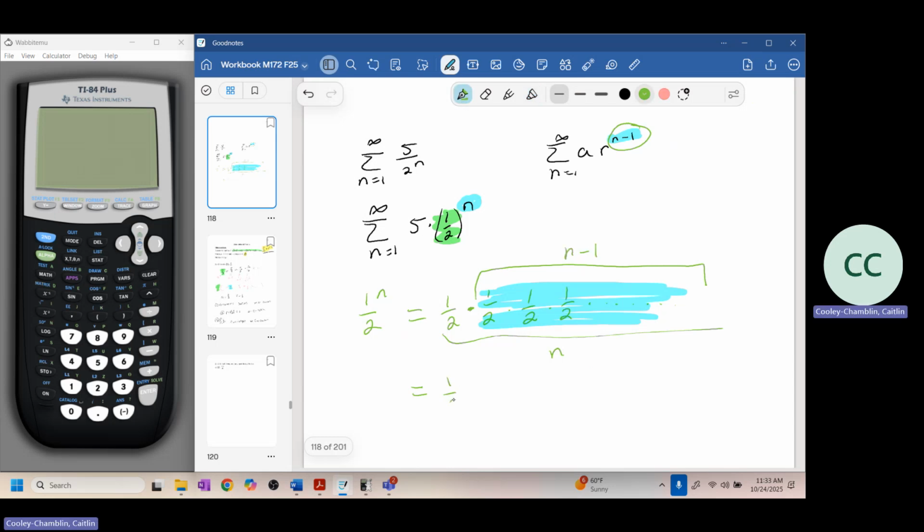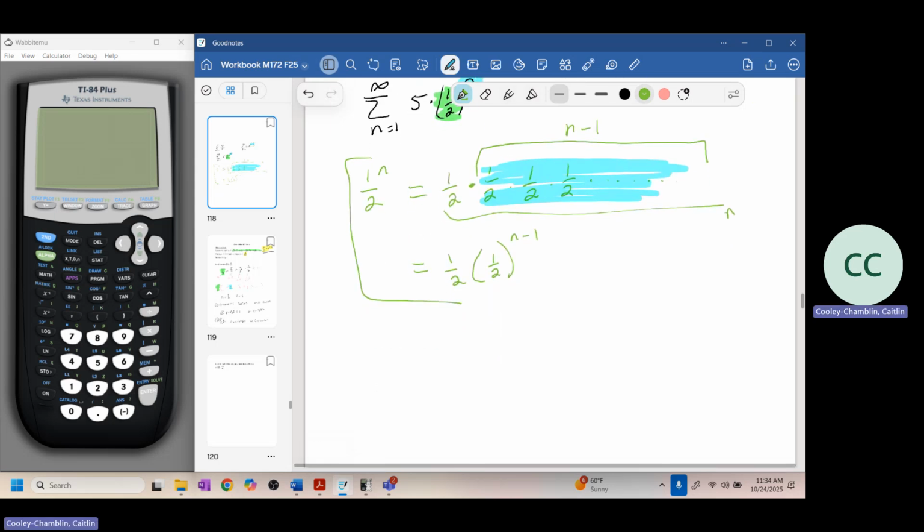So we do 1/2 times 1/2 to the n minus 1. Oh, that looks a little confusing. Hold on, let me erase my n there. So we group n minus 1 of them, and we break off a half. This is just a side note of what I am doing algebraically.